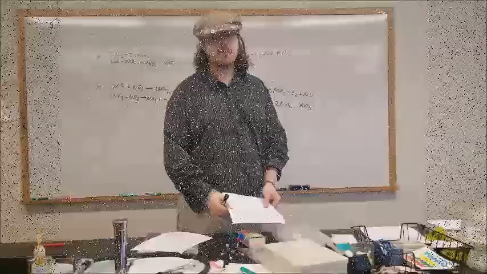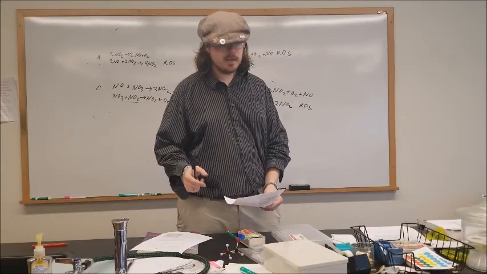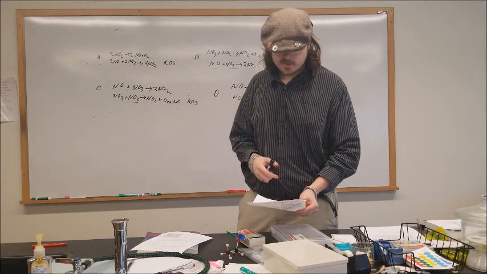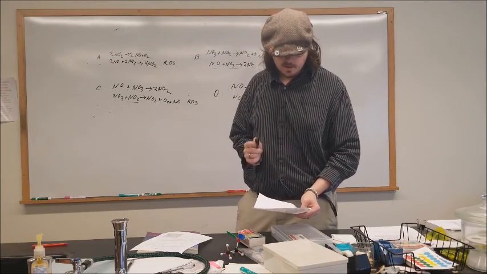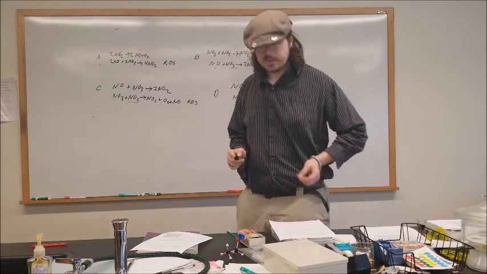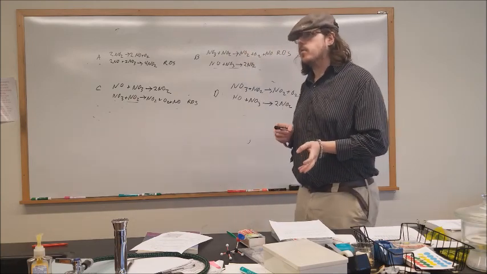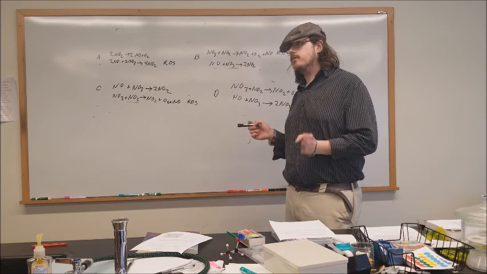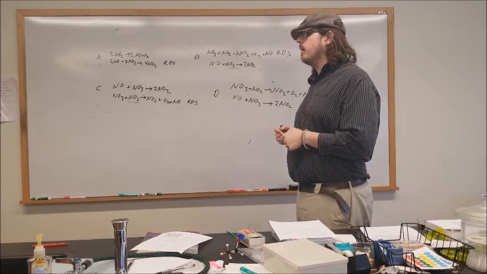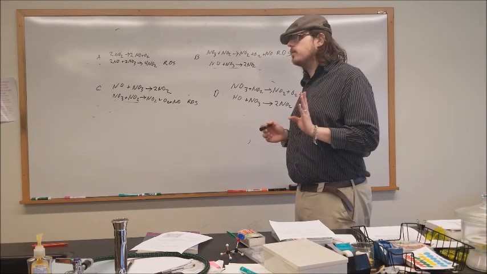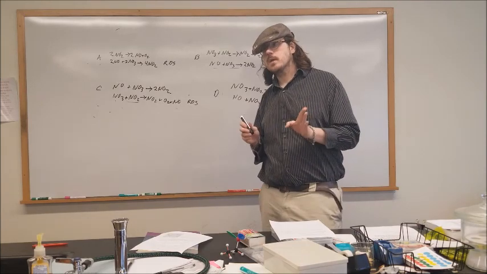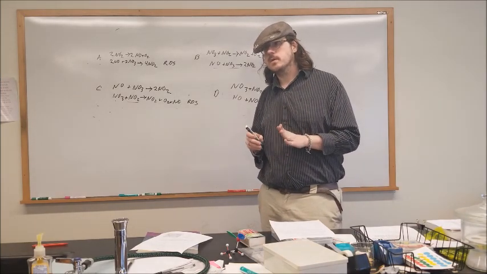Problem 15 immediately follows this one, and looking at the mechanisms here, which mechanism has NO as a catalyst? So NO is neither a reactant nor a product, but it is either formed in the middle or formed at the beginning. So we can break down reactions into parts: reactants, products, catalysts, and intermediates.